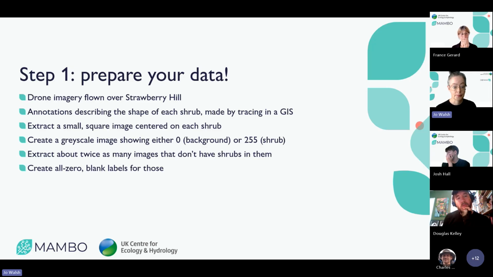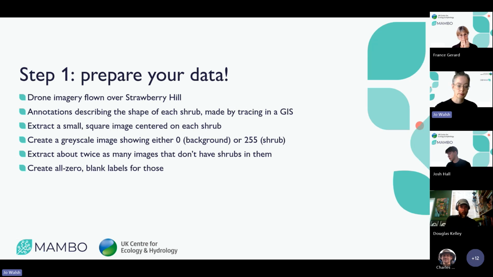And so how is this done? How do we build this up from scratch? We've got the drone imagery auto-rectified, prepared as a very large GeoTIFF. We've got a set of annotations made by manual tracing in a GIS like QGIS, in the form of a shapefile. And each one represents the outline of a hawthorn in that site in Strawberry Hill.